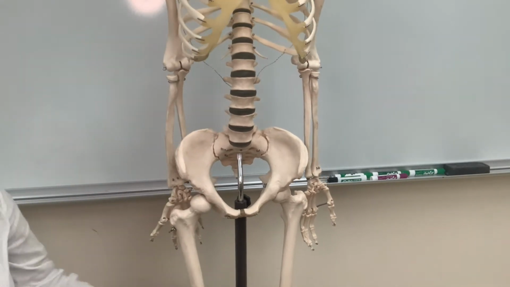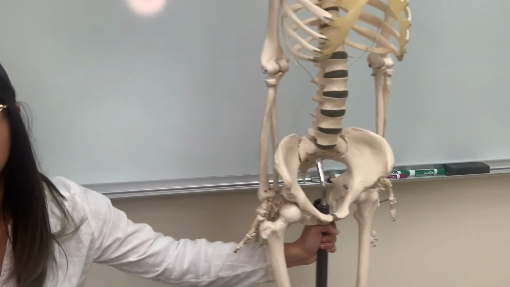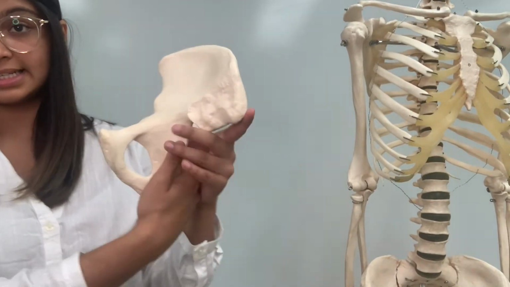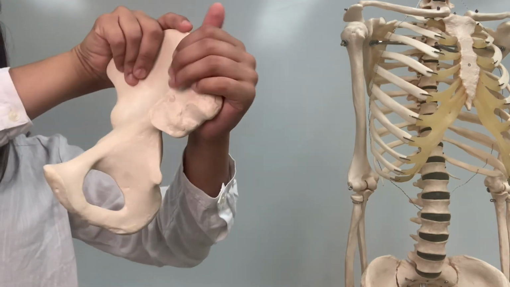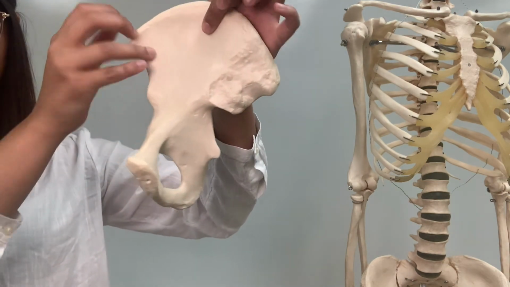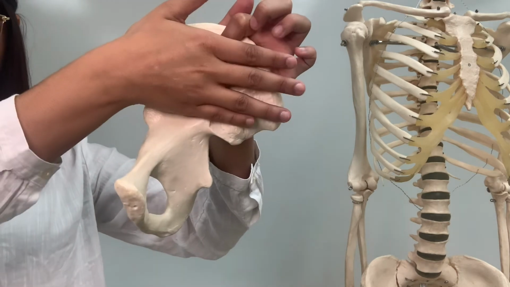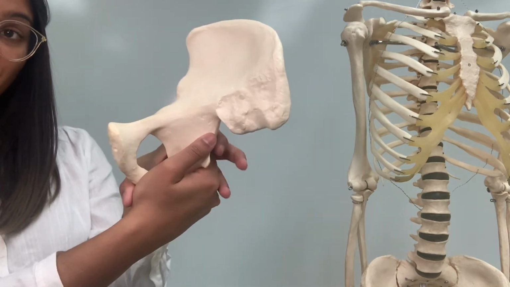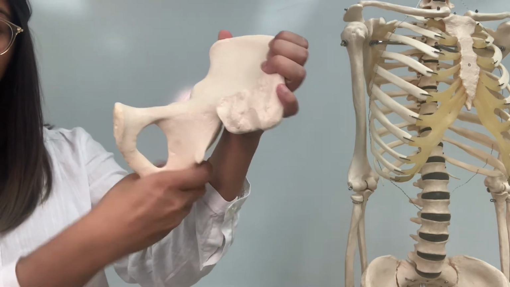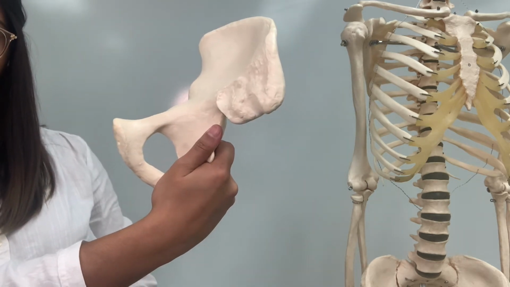Now let's look at a disarticulated os coxa. Okay, so here is a disarticulated os coxa. And here, all of this we're looking at is your ilium. So all of this is the ilium where I'm touching right now. Your butt bone, or the bone that you're sitting on, is your ischium right here.